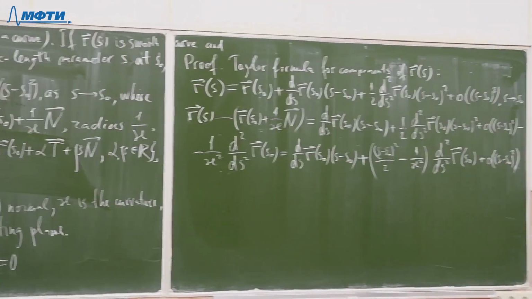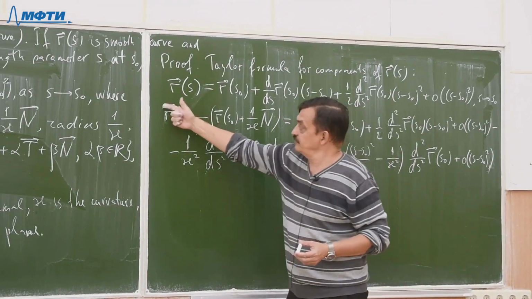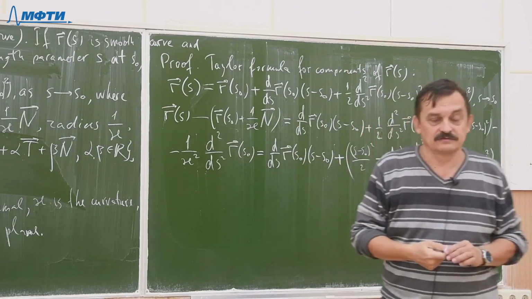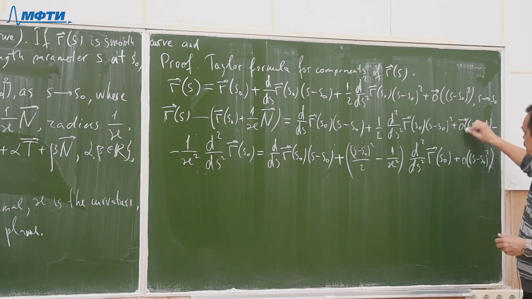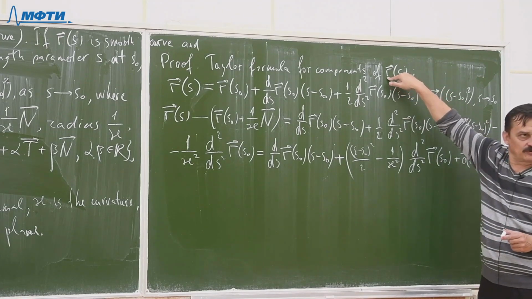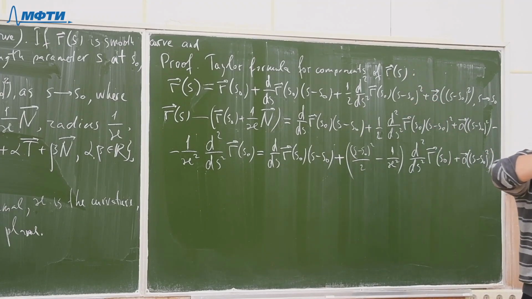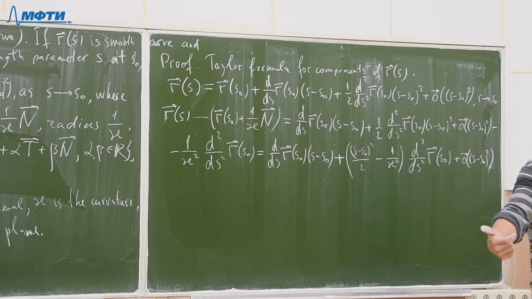Hence, I need to, first of all, check that indeed the length of this vector is constant up to quantities of order 2. And maybe I should indicate also this little o is a vector. This vector, right? Because remember, I applied Taylor formula for components, right? So each component has its own Taylor formula, with its own little o. For each component, we have little o, right?